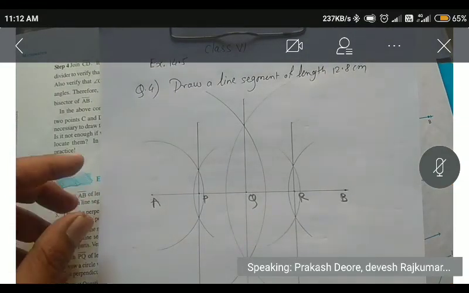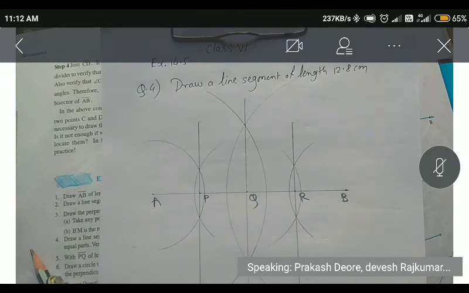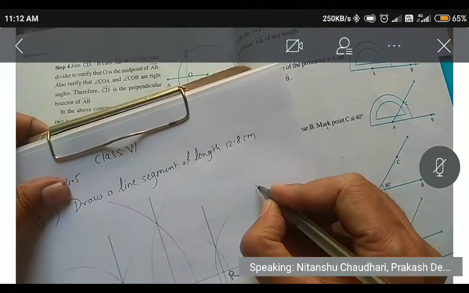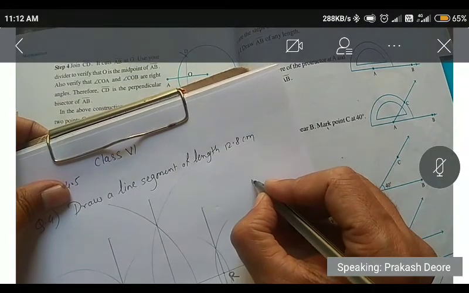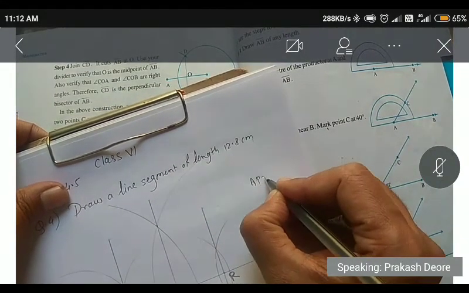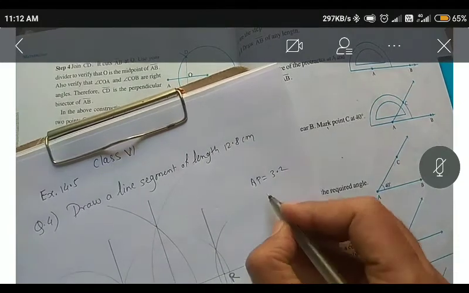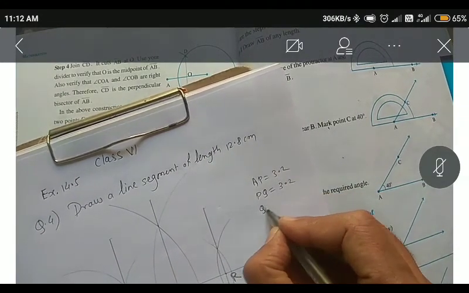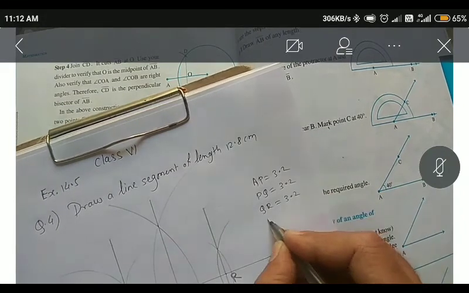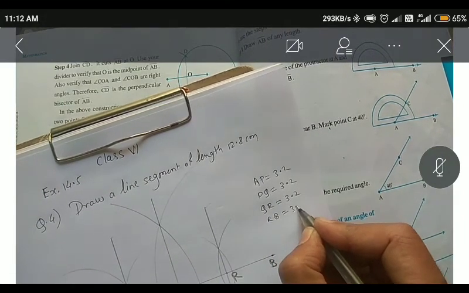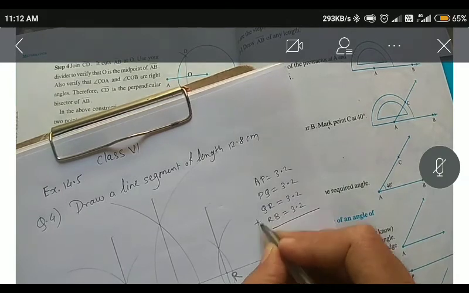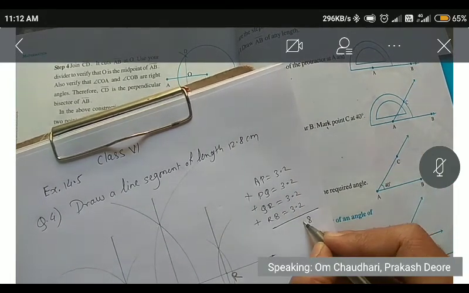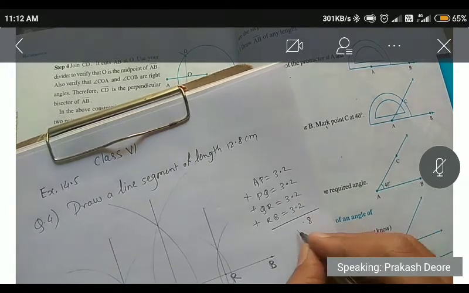Okay, now see, 3.2, we are getting distance AP is equal to 3.2, PQ it is also 3.2, QR it is also 3.2, and RB also 3.2. When we are adding all these, 2 plus 2 plus 2 it is 8, 3 4s are 12.